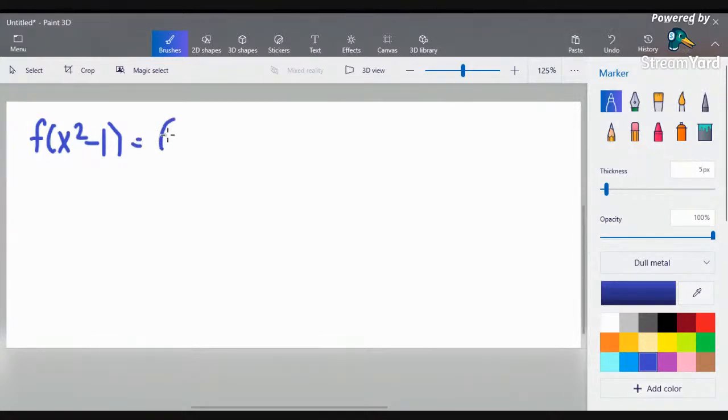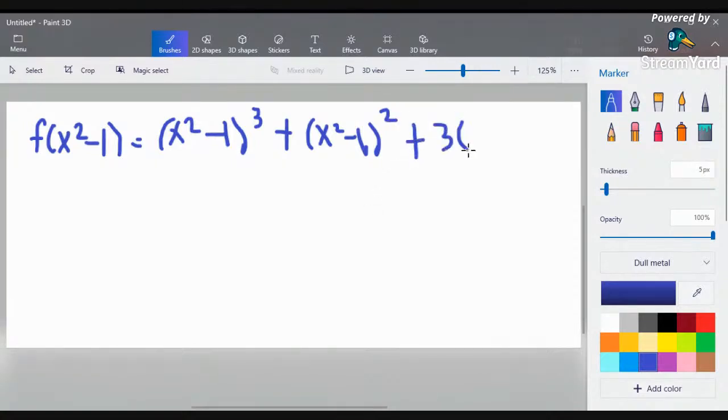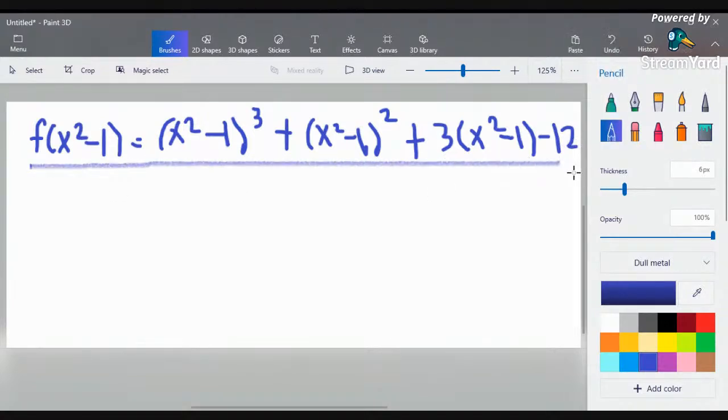You are going to solve x squared minus 1 cubed, plus x squared minus 1 squared, plus 3 times x squared minus 1, minus 12. Okay, so I will leave it to you to solve. Please solve that one and put it on your paper.